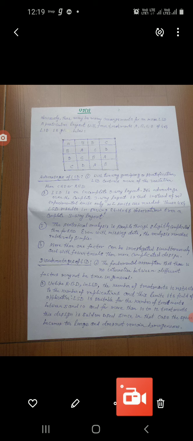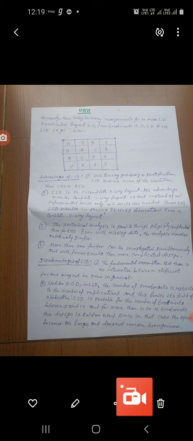So with two-way grouping or stratification, LSD controls more of the variation than CRD or RBD. LSD is important in controlling more variation than CRD or RBD.